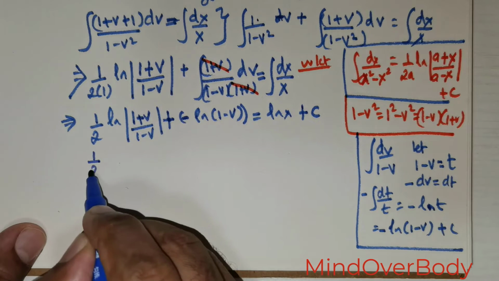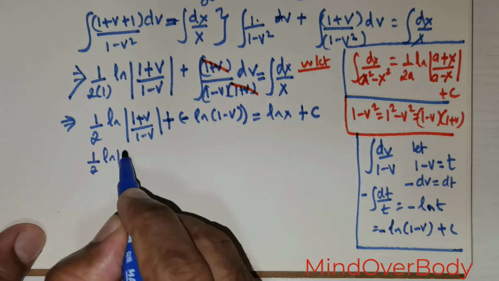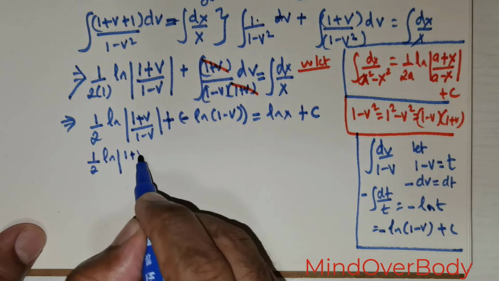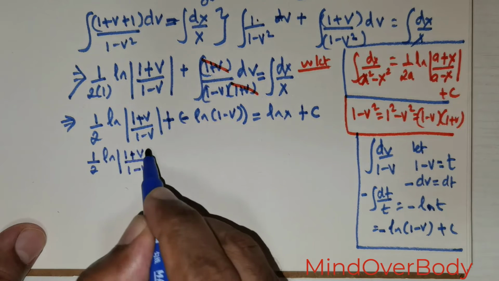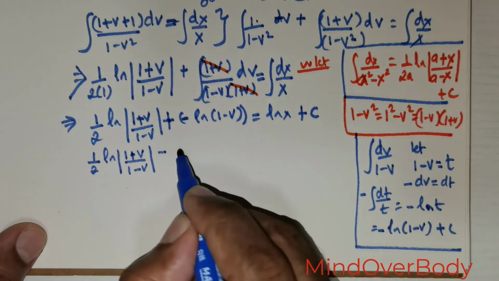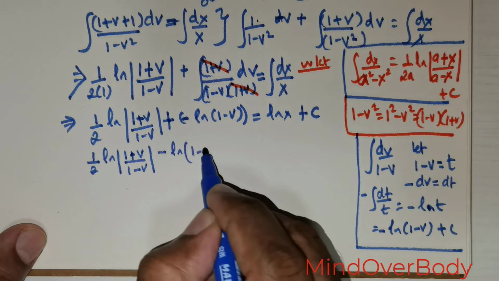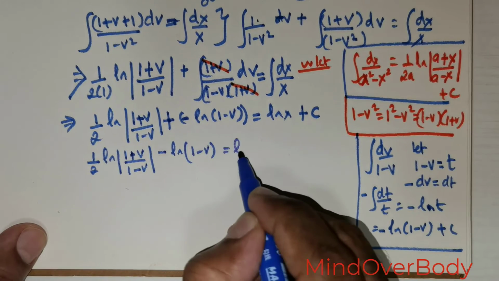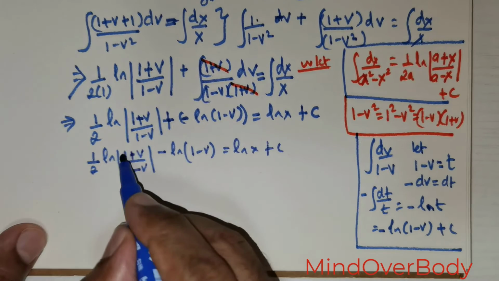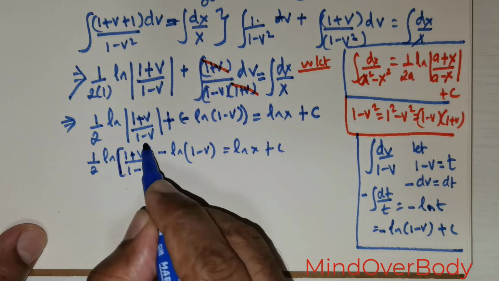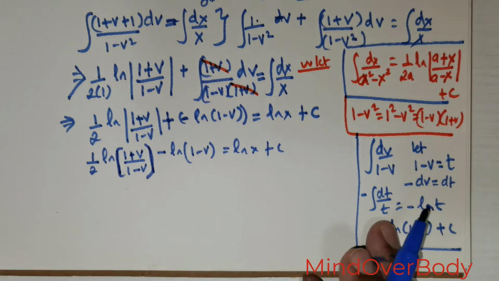So this is going to be 1 over 2 times ln of 1 positive v divided by 1 negative v, negative ln of 1 negative v is equal to ln of x positive c. In fact, I don't have to place this modulus sign, I can just place a parenthesis.